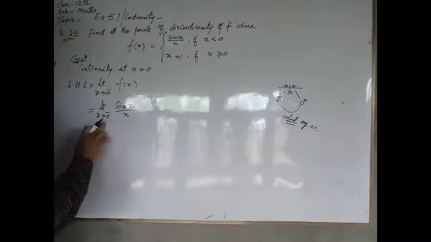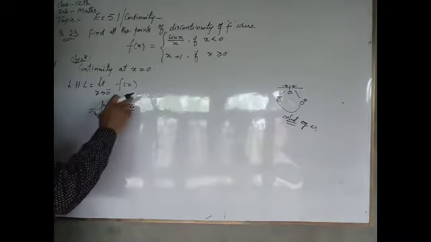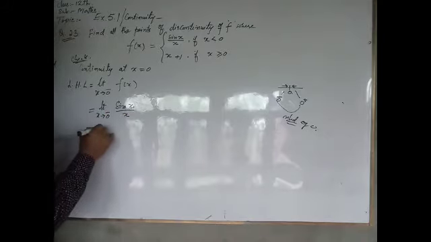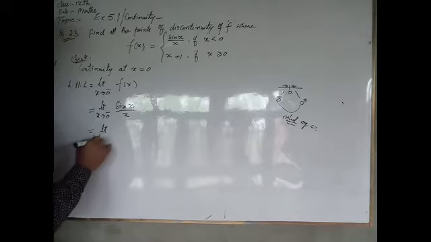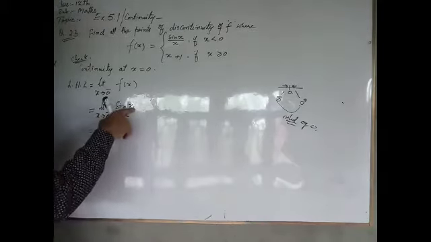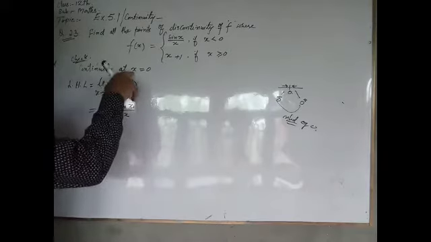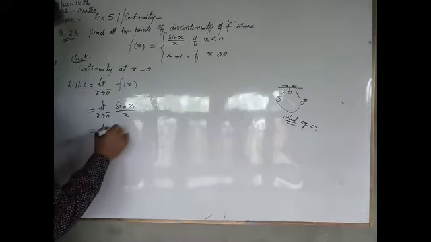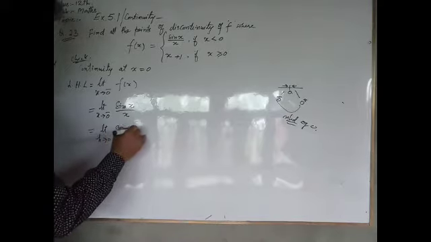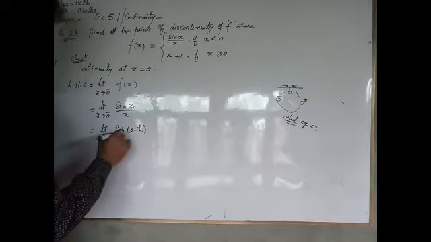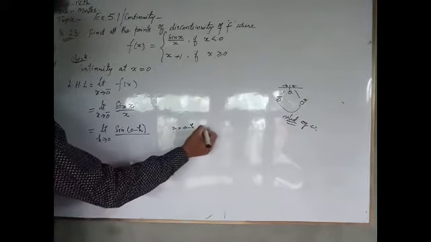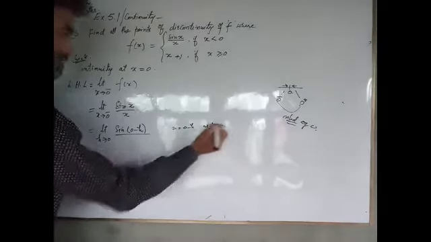So this is the limit as x approaches 0 minus of sin x divided by x. We put x as 0 minus h, that is sin of (0 minus h) divided by (0 minus h), as h approaches to 0.